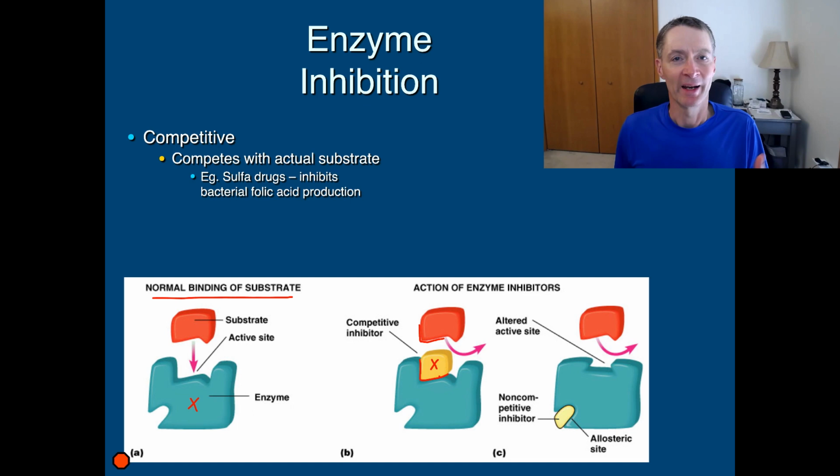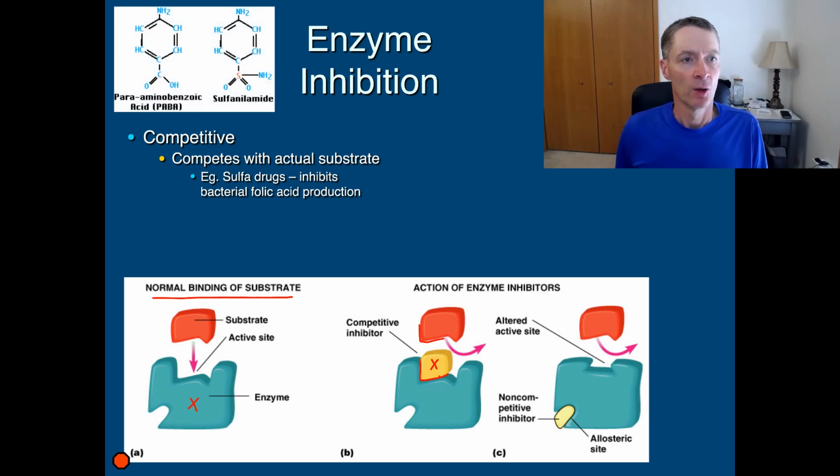Okay, an example of where we use this is with sulfa drugs. Okay, let's look at this image here on the top left. This particular molecule in the very top left, we'll just call it PABA, okay? This is the substrate for a certain enzyme that's found in bacteria.